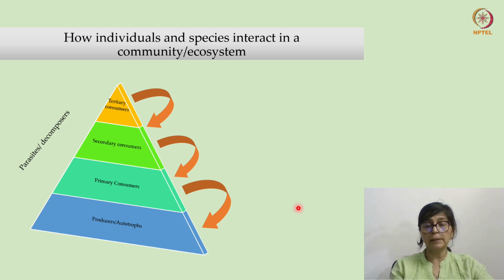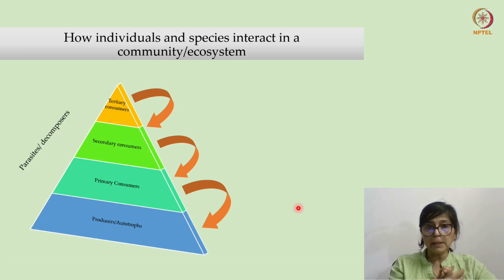Then the tertiary consumers. Tertiary consumers can sometimes also be the apex predator like a tiger or lion, or they can be vultures or eagles, which not only hunt but also feed on carcasses, so they are kind of decomposers that circle back to every stratum.